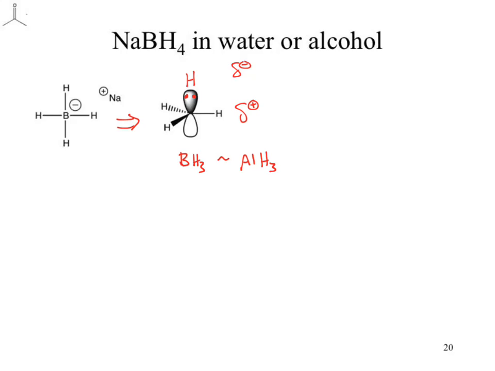Okay, they aren't formally positive, but they're acting like it because they have that empty p orbital. This strong polarization means that when they react with something else, that something else also has to be strongly polarized. So when we look at the reactivity of our sodium borohydride and our lithium aluminum hydride, they need to react with a pi bond that's very, very polar.